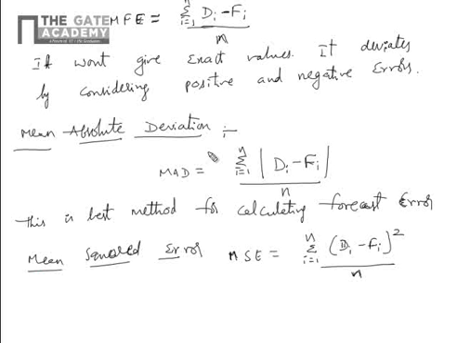Squaring the errors, because as we have discussed, in mean forecast error the errors may be positive or negative. So to avoid that cancellation of positive and negative, we square the errors such that you will get the positive value.